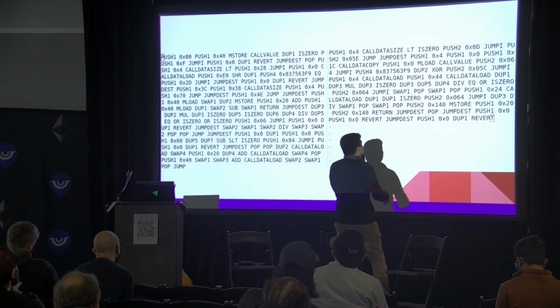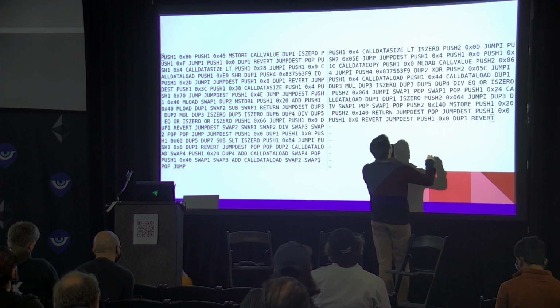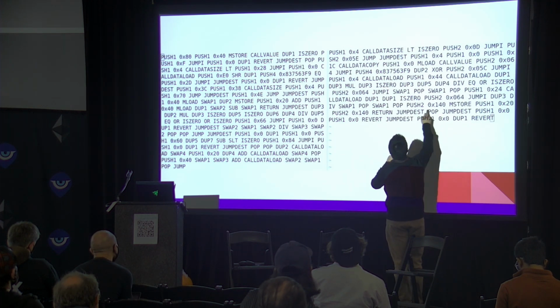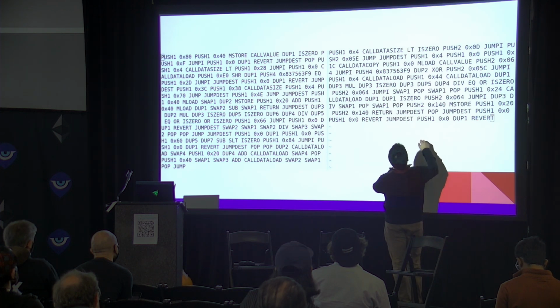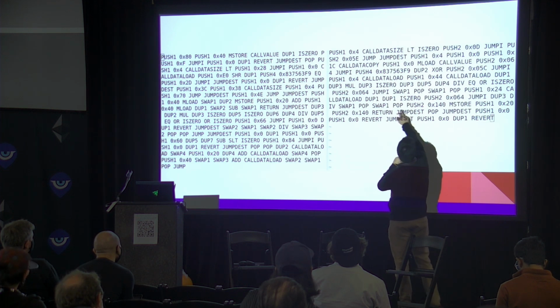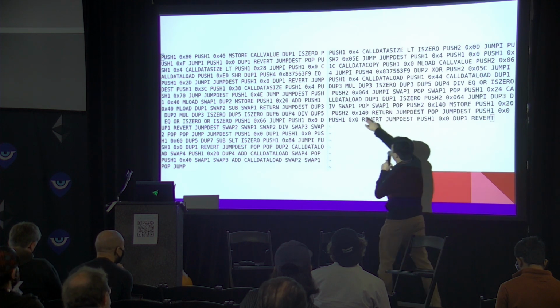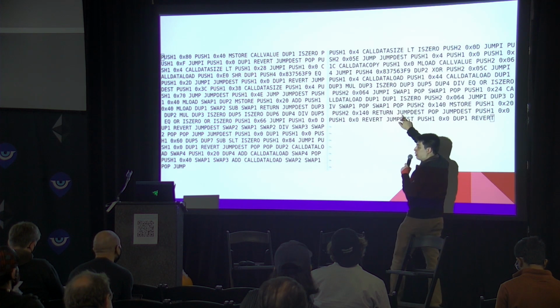The section for ABI encoding, where's return? Oh, it's right here. It starts here, and then it's like 5 instructions to ABI encode that int.